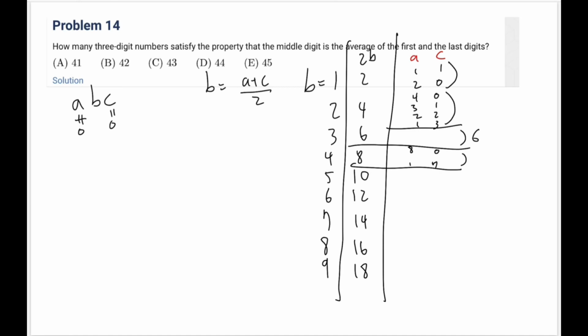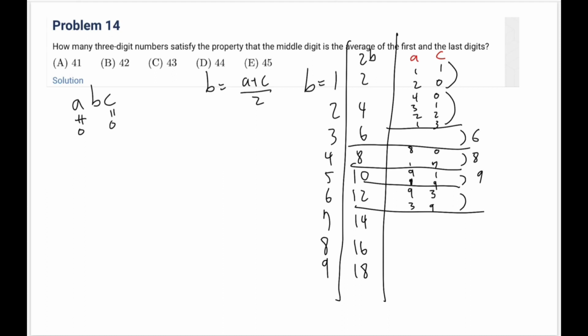So this is 8. And from 10 it gets a little different because it starts out from 9, 1, because it can't be greater than 9, right? And so this is 9 1, 2 8, all the way to 1 9. So there are 9 numbers here. And 12, this would start out as 9 3 to 3 9.